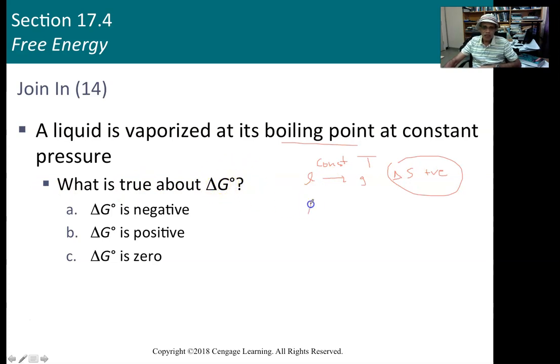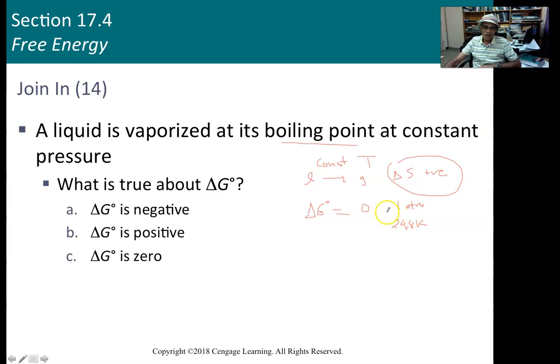And we know that when the system is at equilibrium, delta G is equal to 0. Now, this delta G naught, that superscript, means at 1 atmosphere pressure and 298, meaning 25 degrees Celsius, or 298 Kelvin.